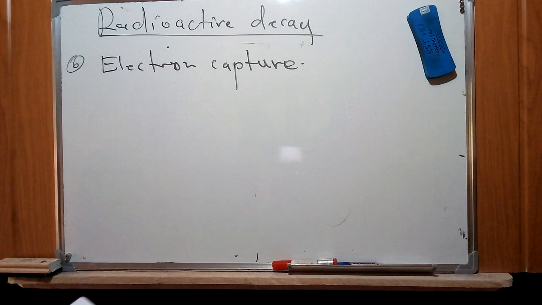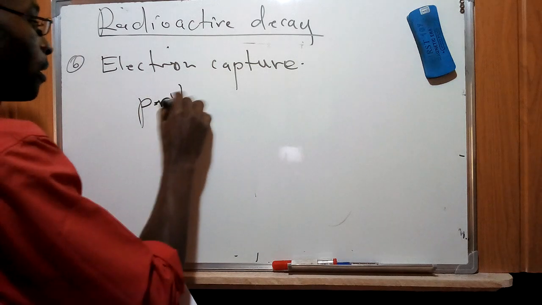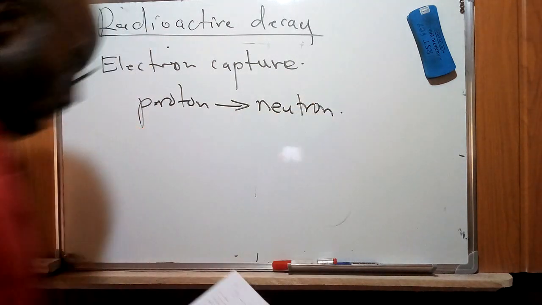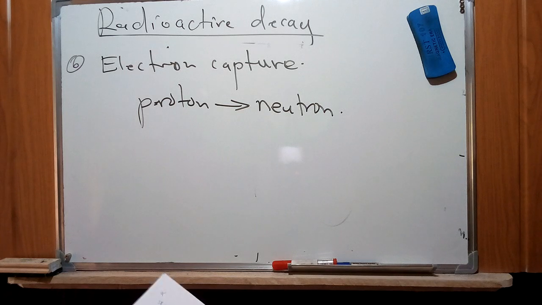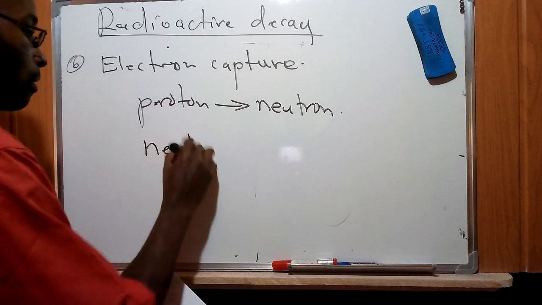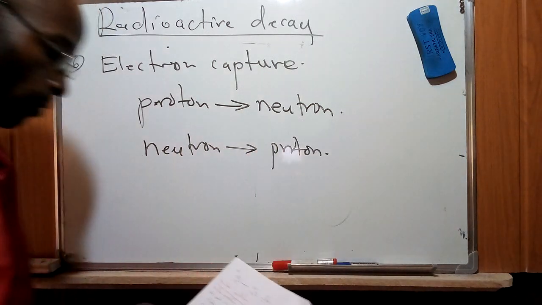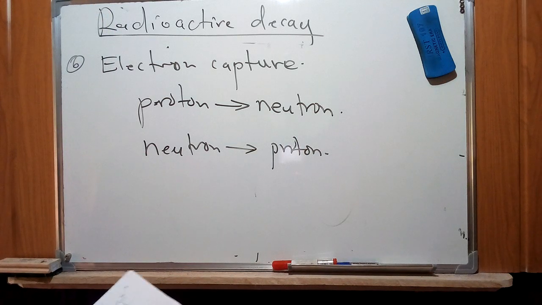For electron capture, the net effect is to change a proton into a neutron. And for positron production, it is to change a neutron to a proton.